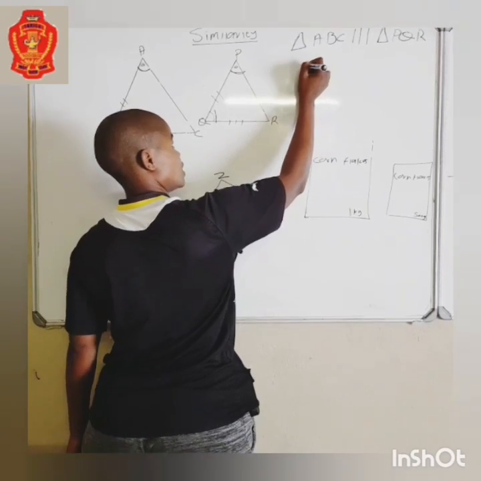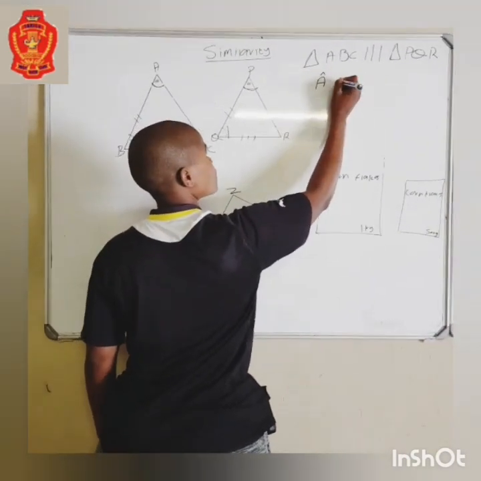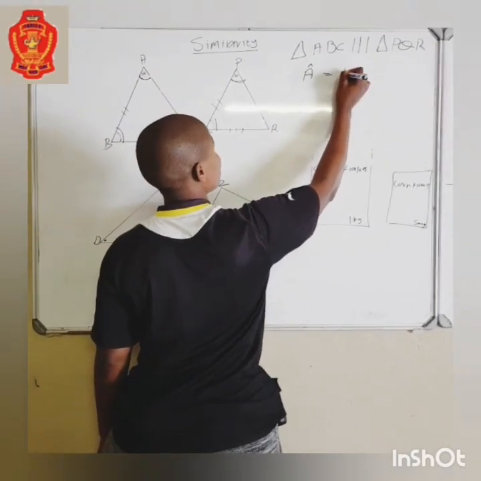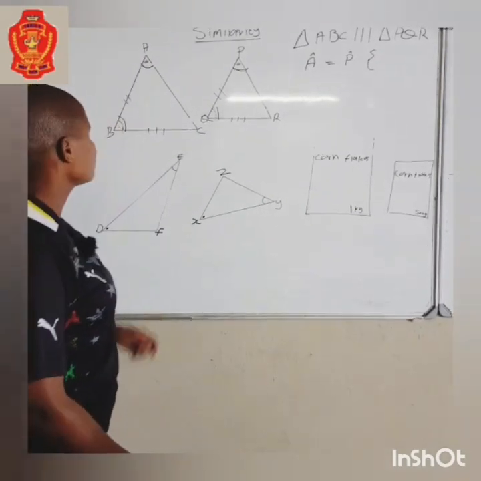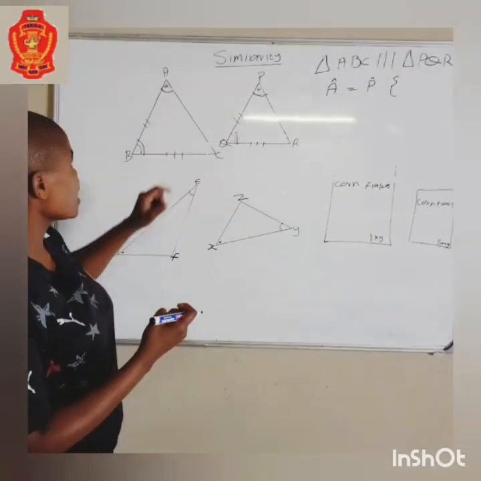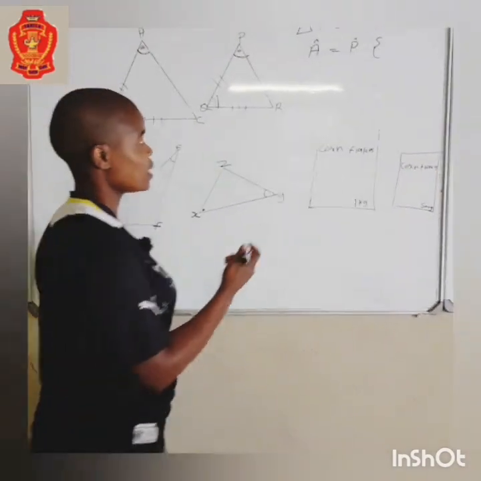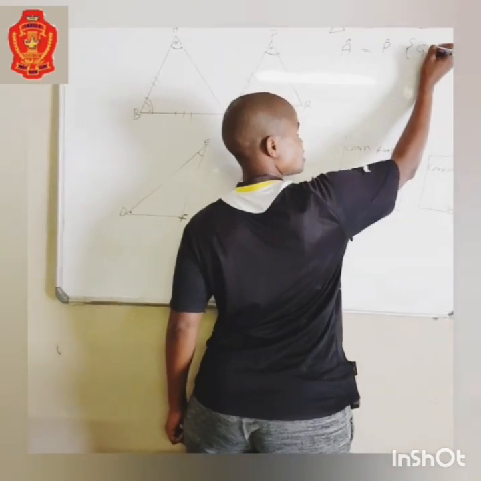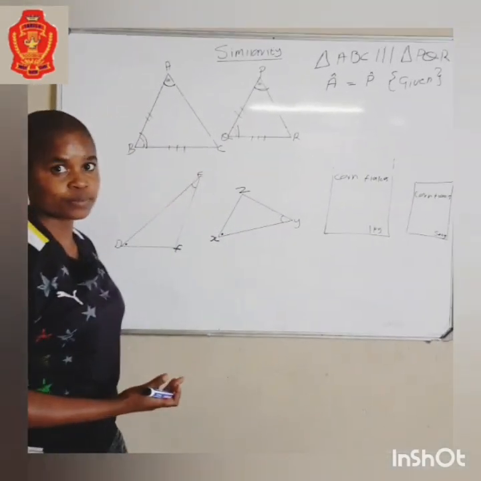So I'm going to say angle A is equal to angle P. One might ask why? Because they are corresponding. And at this point, they indicated with this dot that these two angles are equal. And because they indicated, they told us. So my reason will be, it is given.